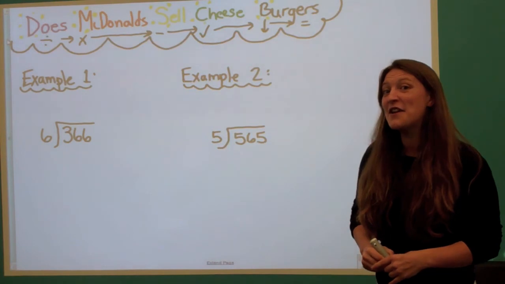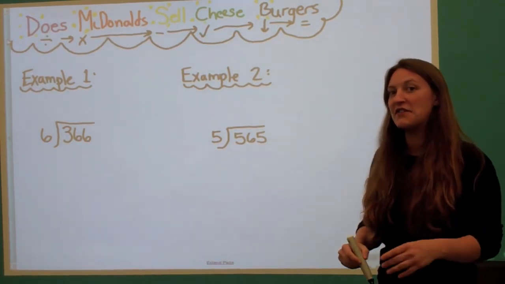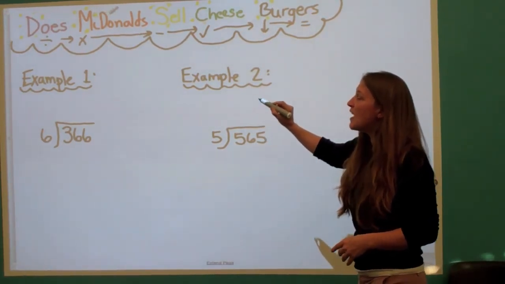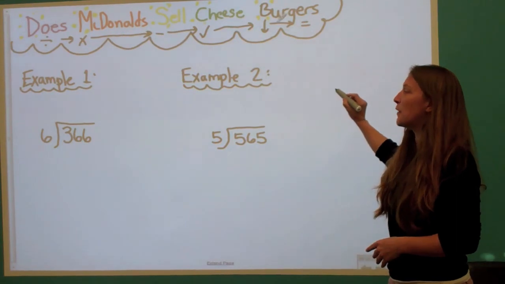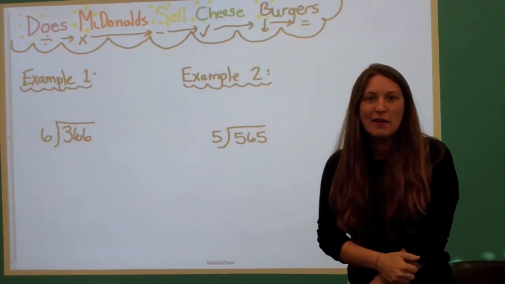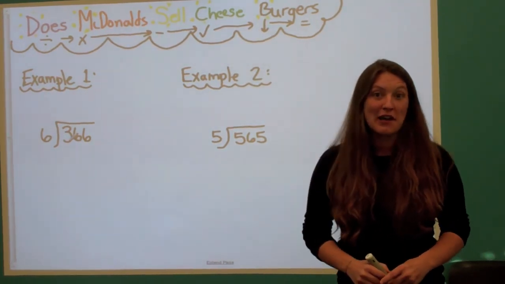Our process follows this acronym, and I always think of this before I do a long division problem. And the acronym is, does McDonald's sell cheeseburgers? That sentence always reminds me of division because I'm always thinking of dividing up a cheeseburger when I'm sharing it with a friend.